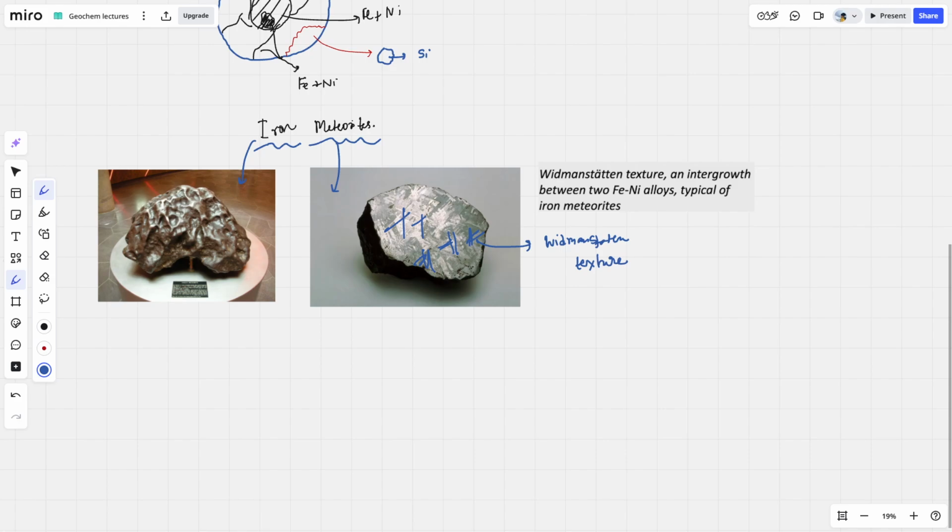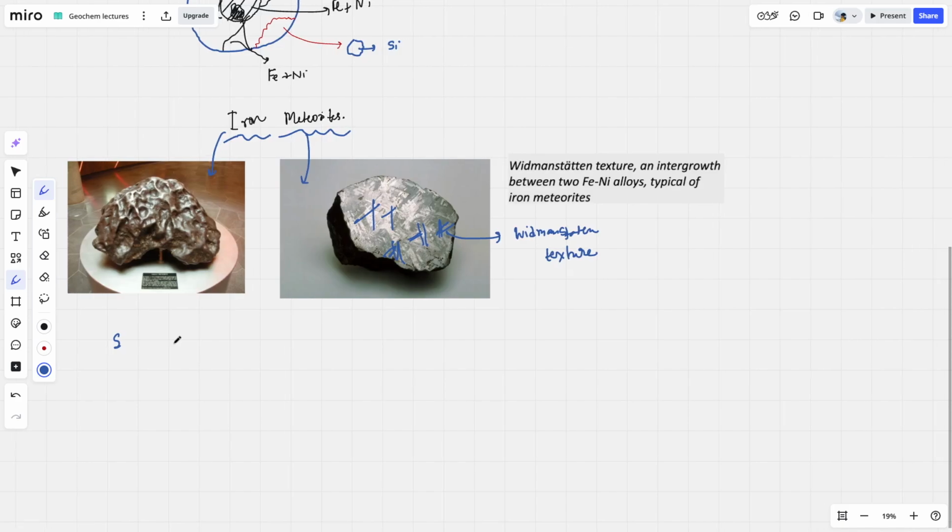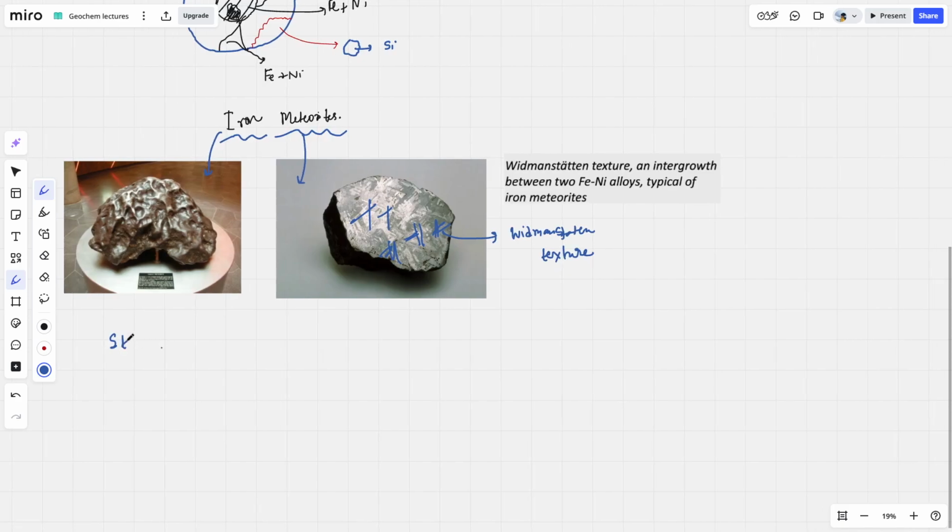Next, we will discuss stony iron meteorites. So stony iron meteorites include olivine crystals in a matrix.